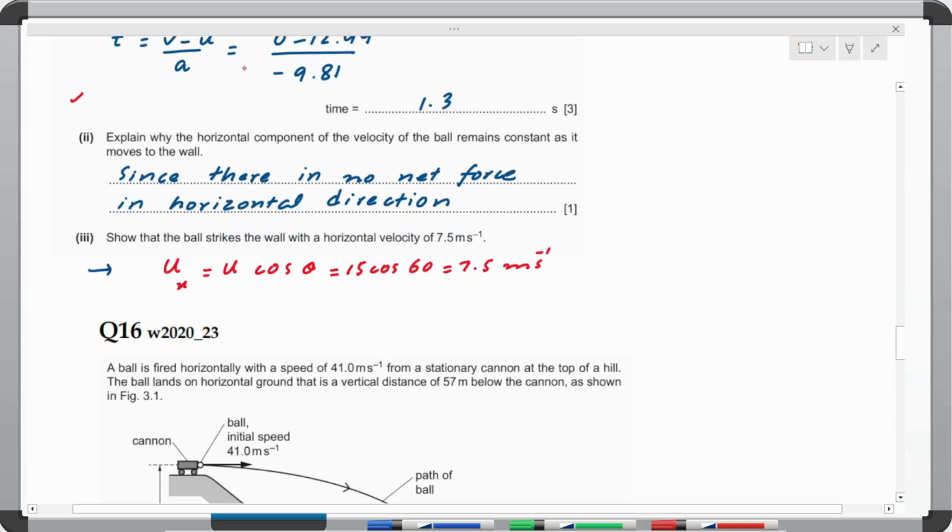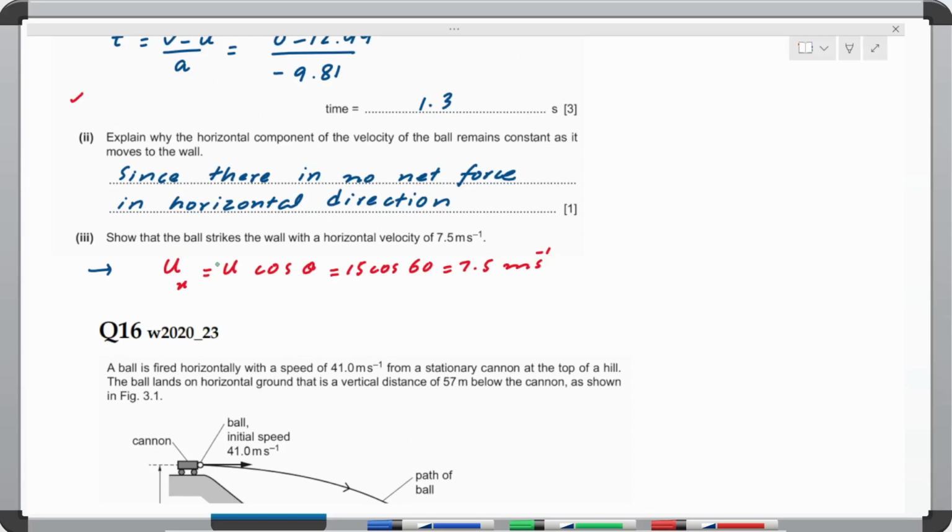So since the horizontal velocity is same everywhere, the horizontal velocity as the ball strikes the wall would be 7.5 there as well.